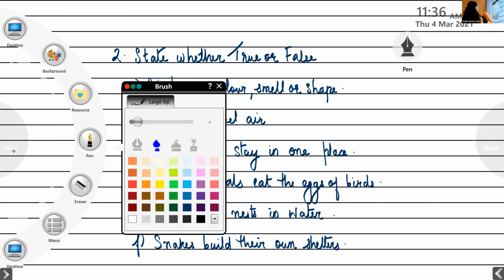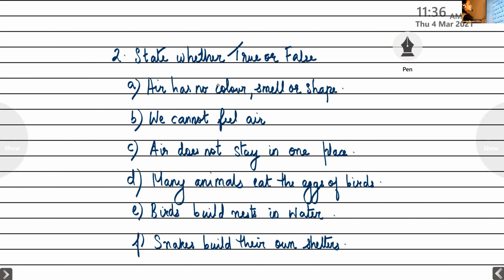Okay, what is the first answer? True. We cannot feel air. False. Air does not stay in one place. True.